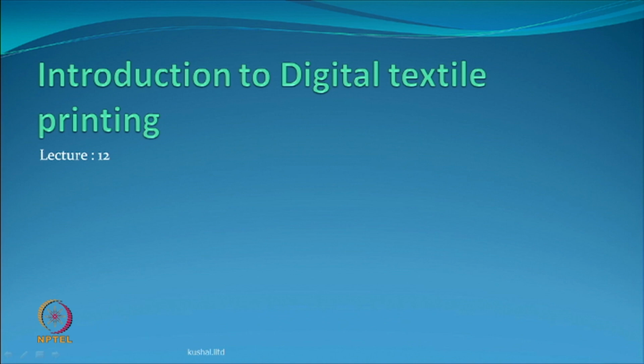So, till now we have been talking about one printing methodology which was called transfer printing, and we are going to be talking for the next few lectures on another fascinating technology which has shown a lot of promise.